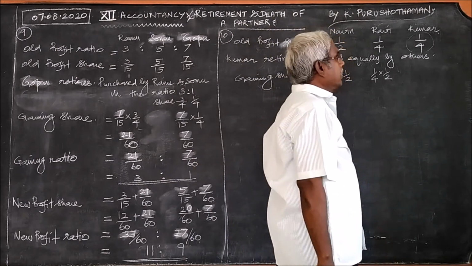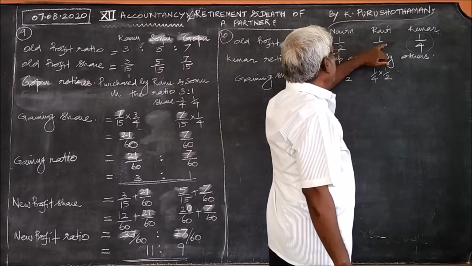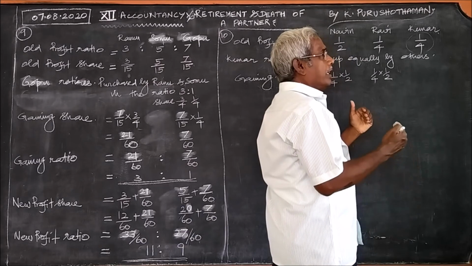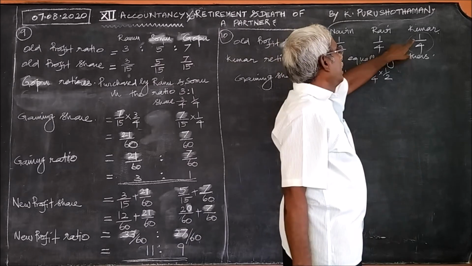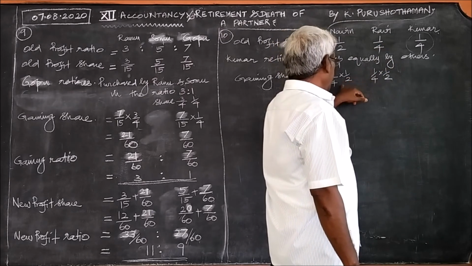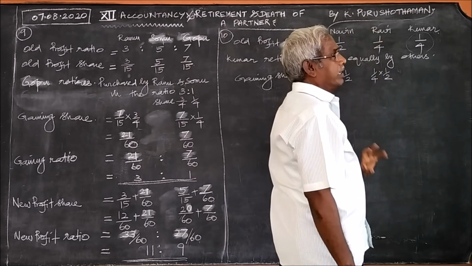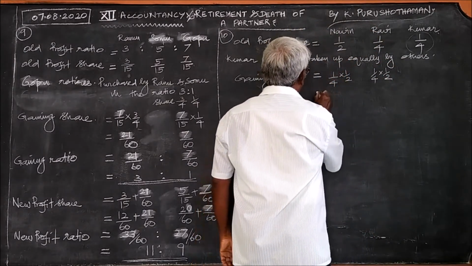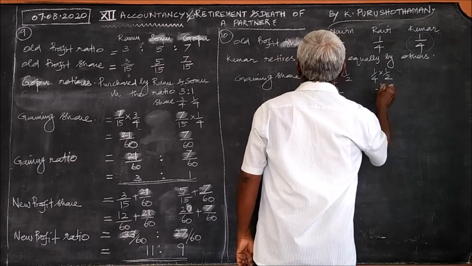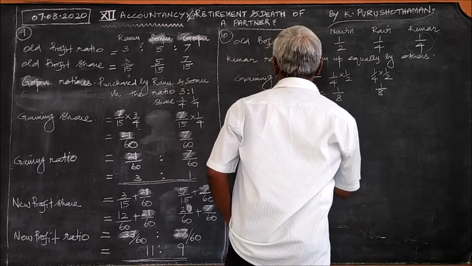Listen carefully once again. Kumar retires. His share is taken by these two partners. They decide to divide the share 1 by 4 equally. Therefore, from 1 by 4, half will be taken by Naveen, and from 1 by 4, half will be taken by Ravi. So if you simplify, this is equal to 1 by 8, 1 by 8. This is the gaining share for Naveen and Ravi.